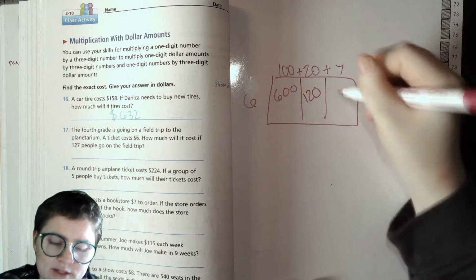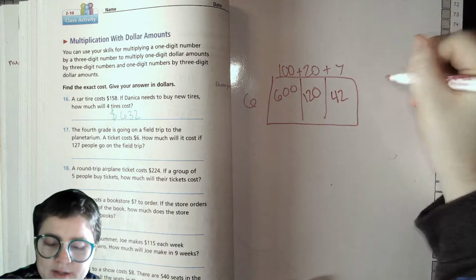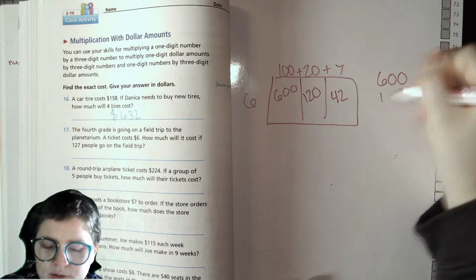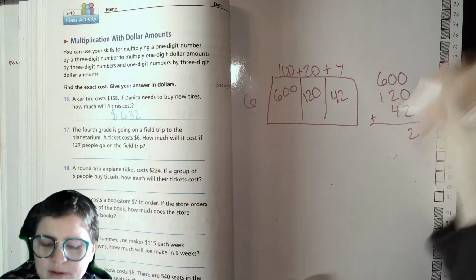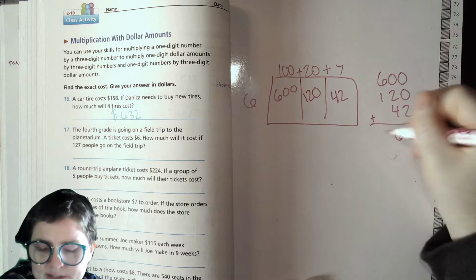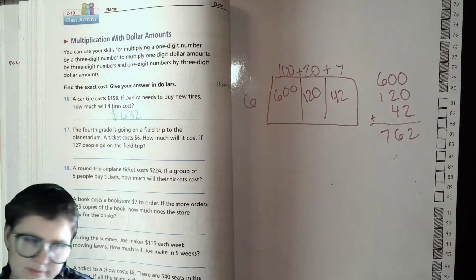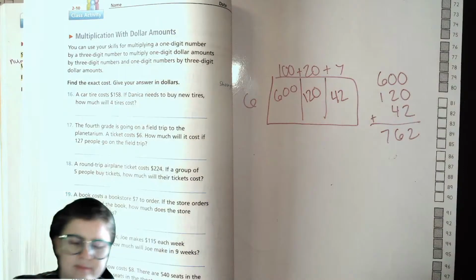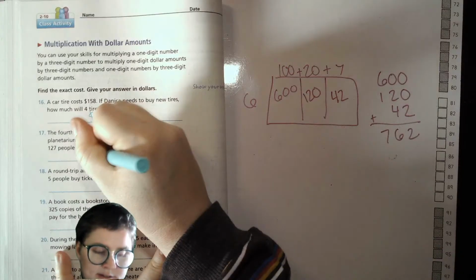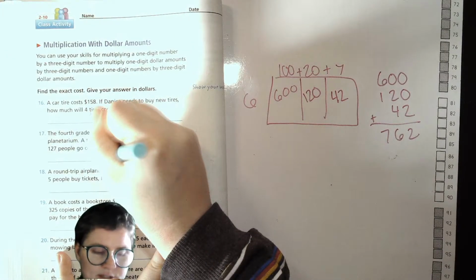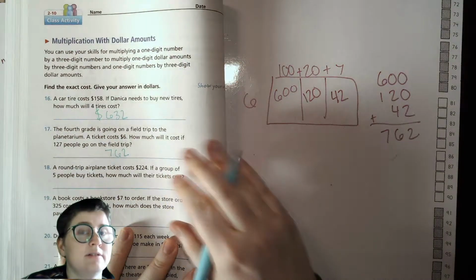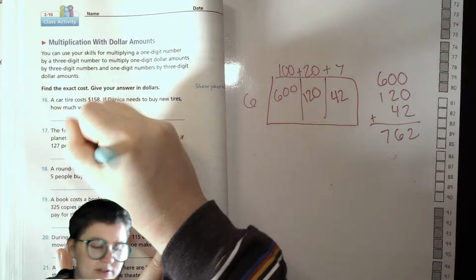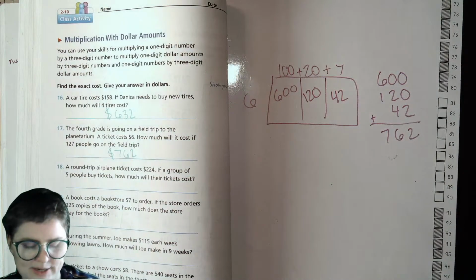And 6 times 7 is 42. So 600, 120, 42, up, 6, 7. $762. What's missing? Dollars. Can't forget that dollar sign. Okay.